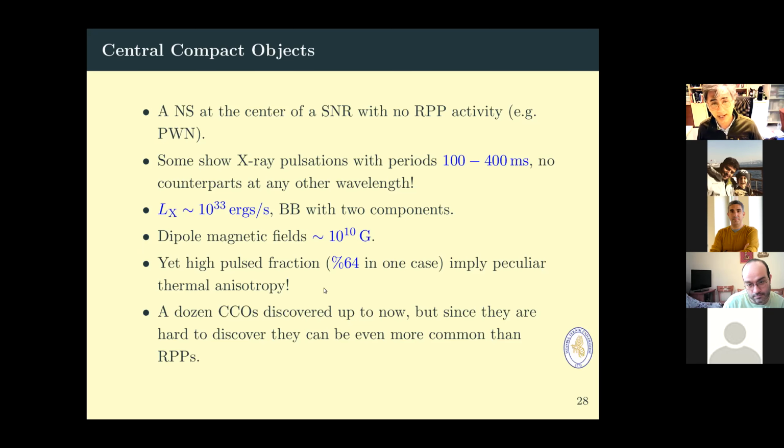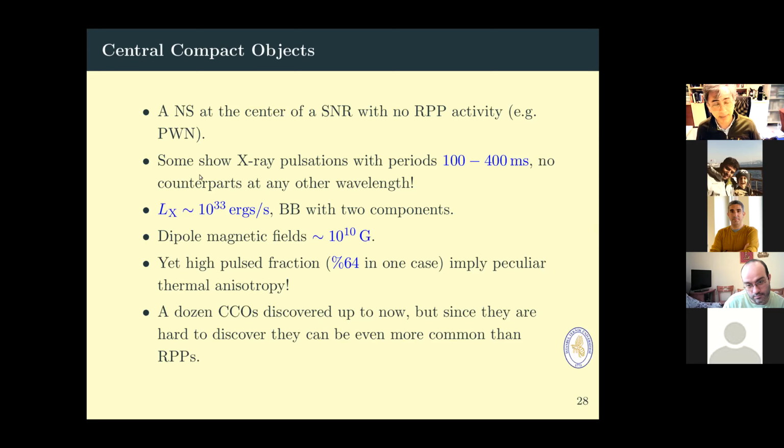Yet the high pulsed fraction implies that there is a peculiar thermal anisotropy on the surface of these objects. Why would you have such a high pulse fraction although you have such small magnetic fields? Why is this temperature distribution not very uniform?